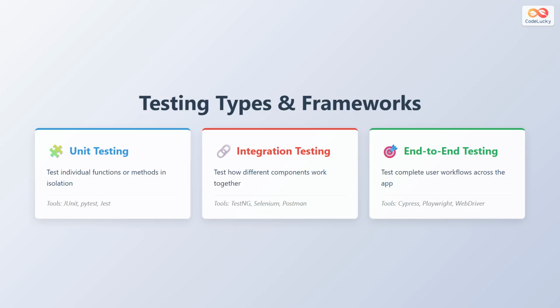Tools like TestNG, Selenium, and Postman are commonly used for integration testing. End-to-end testing validates complete user workflows across the entire application. Tools such as Cypress, Playwright, and WebDriver are popular for end-to-end testing. Each testing type serves a specific purpose in ensuring overall software quality.